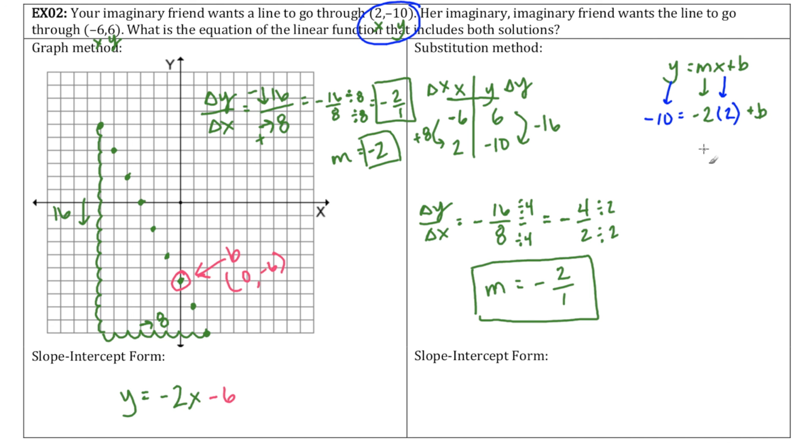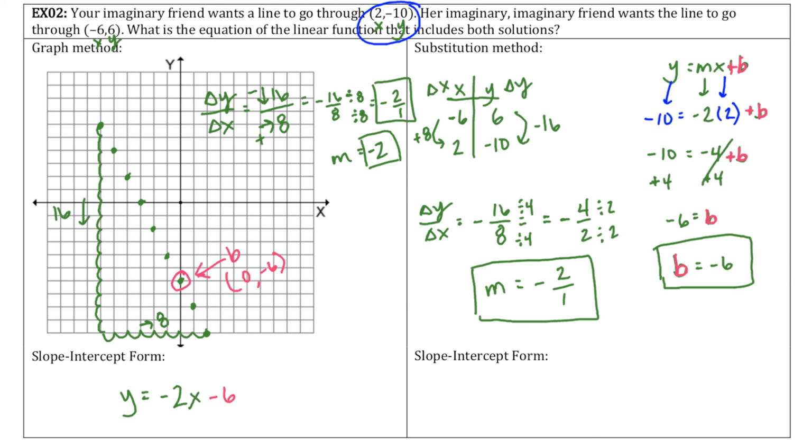So negative 2 times a positive 2 is negative 4. Plus 4, plus 4. So b equals negative 10 plus 4. 4 minus 10 is negative 6. So b equals negative 6.